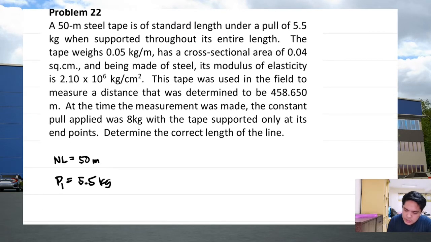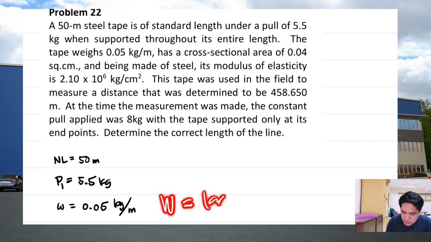Supported throughout its entire length. The tape weighs, so that's omega because it's per unit length, 0.05 kilogram per meter. Because it's per meter, it's the unit weight. It's capital W if it's just kilogram or newton weight. This one is per unit length, so that's small letter.